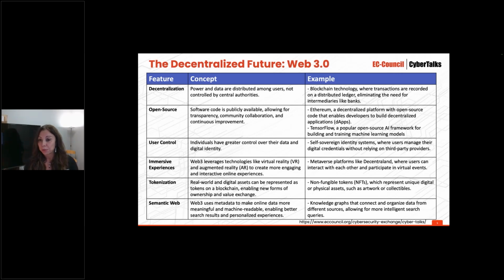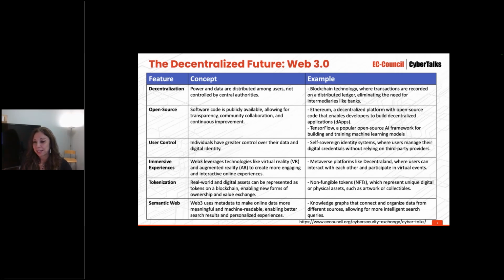So there's many open source frameworks that are actually fueling the innovation. And user control, so this is a big difference between Web 1, Web 2, where now there's this concept of self-sovereign identity systems, whether users are able to interact or machine code is interacting on behalf of an autonomous user.